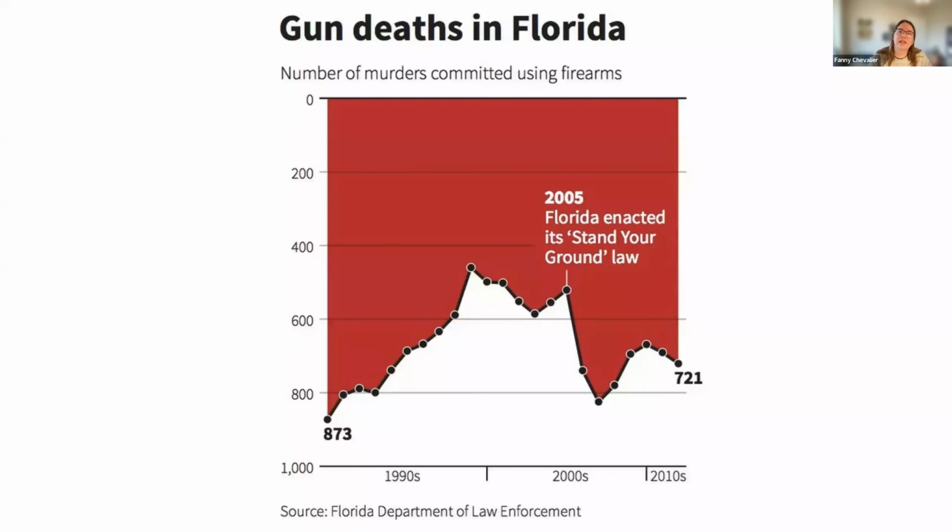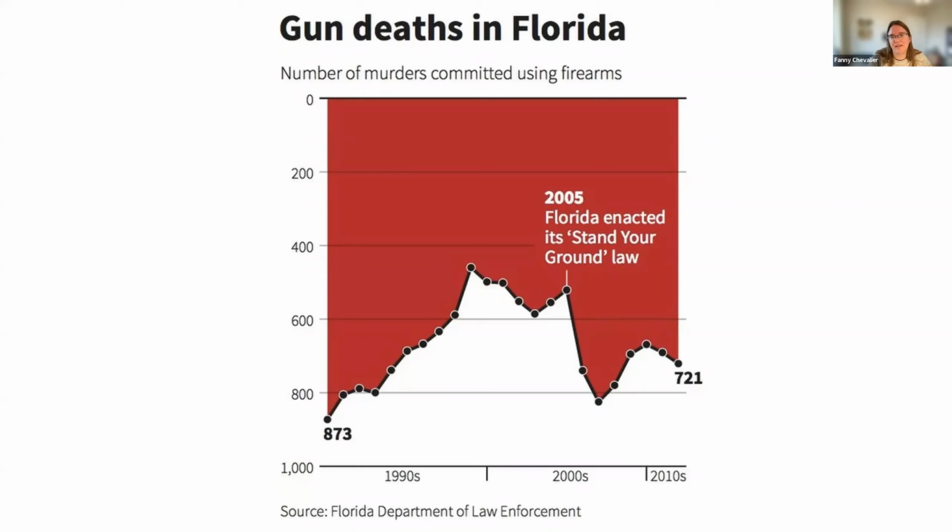In 2005, the state of Florida enacted what is called the Stand Your Ground law, which basically makes it legal for you to use force to defend yourself if you feel threatened. So you use force, which could be lethal force. And what happened after the law was enacted, as we see in this visualization?